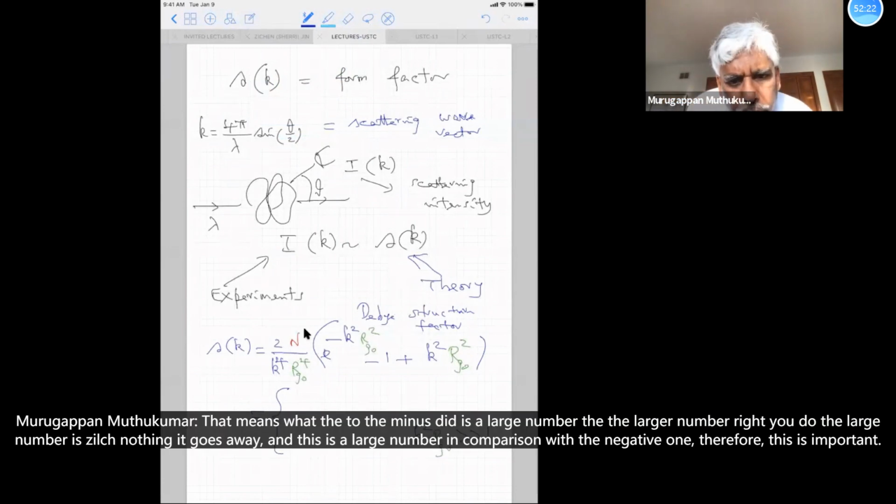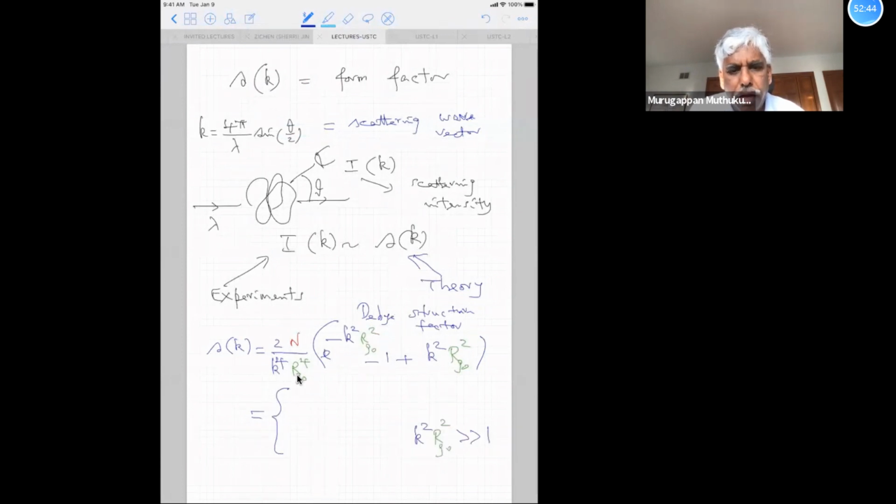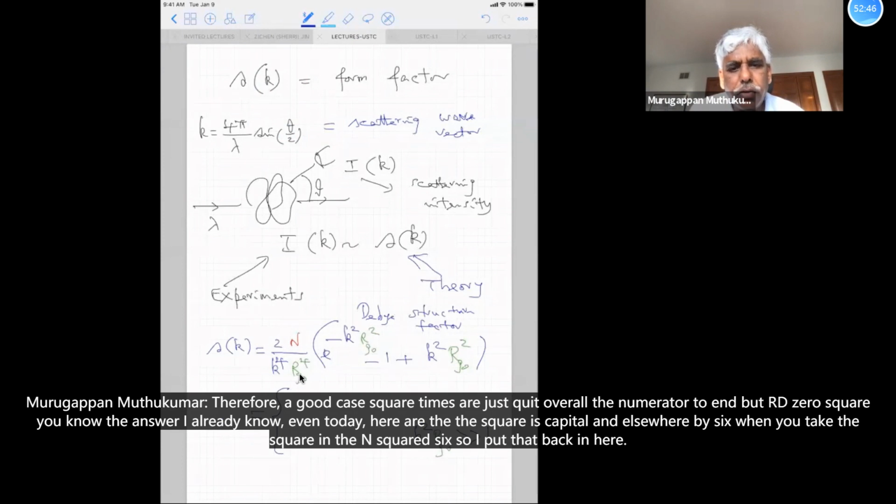That means e to the minus a large number is zilch, nothing. It goes away. And this is a large number in comparison with the -1. Therefore, when this is important in the parenthesis, that's going to kill a factor of K square RG square. Therefore, I get K square times RG square overall.